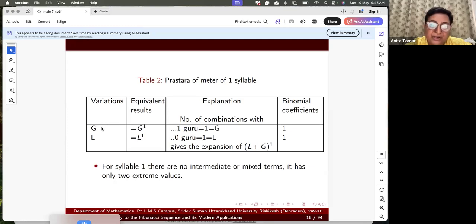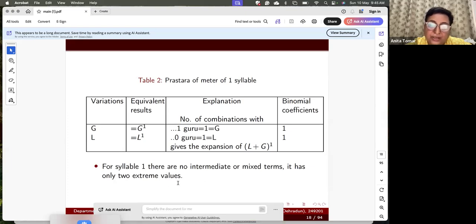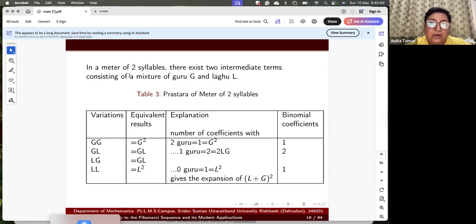So if the variations are G and L, this is equivalent to G raised to power 1 and L raised to power 1. And this gives the combination L plus G raised to power 1. The coefficients are 1 and 1. For one syllable, there are no intermediate or mixed terms. It has only two extreme values. For two syllables, there exist two intermediate terms consisting of a mixture of Guru and Laghu, like GG, GL, LG, and LL.